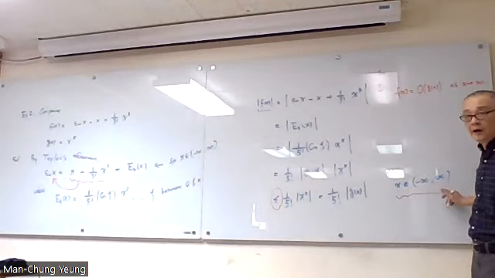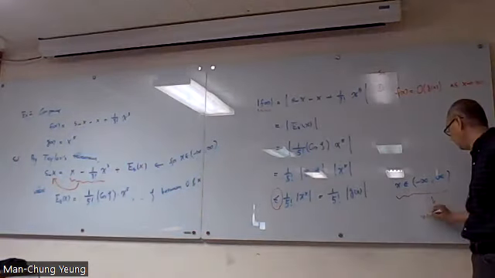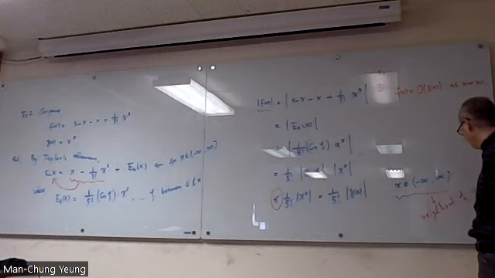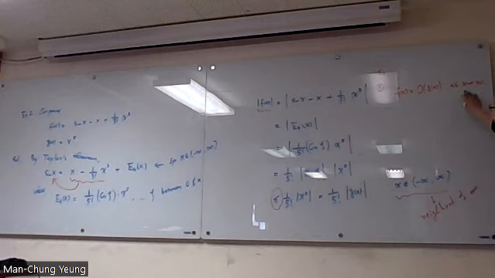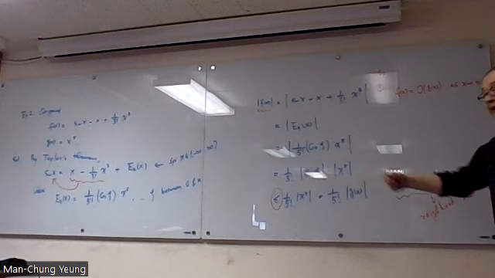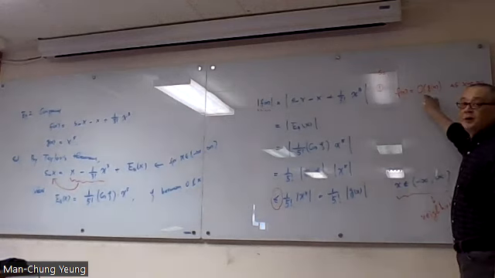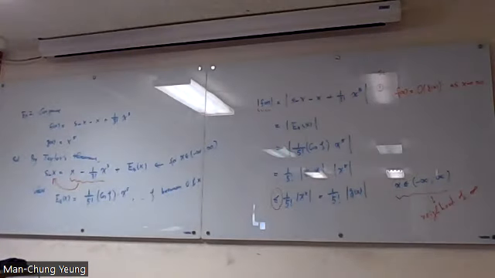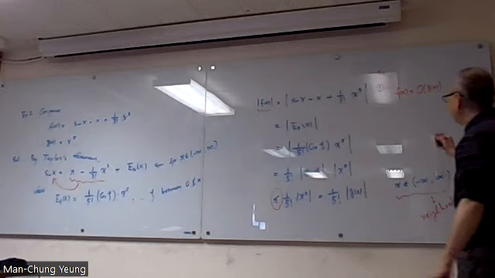If I view this interval as a neighborhood of infinity, then I can make this statement: as x approaches infinity, f is big O of g. Can you understand this? Just follow the definition. And also I can make this statement.